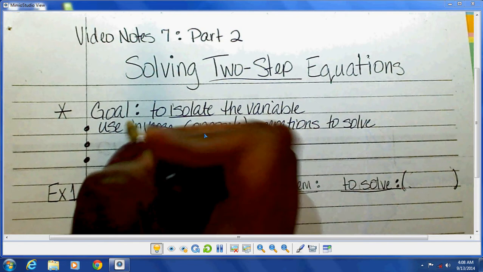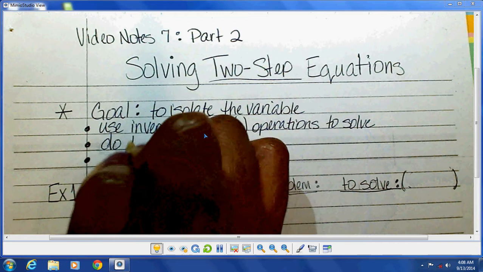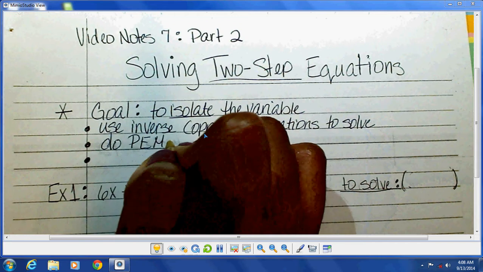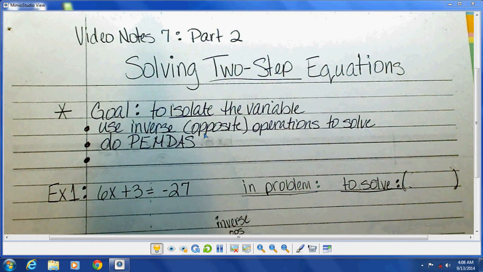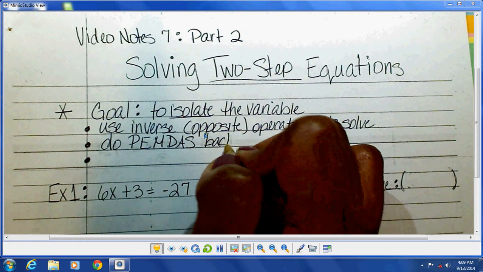We're also going to end up basically doing PEMDAS. So remember, please excuse my dear Aunt Sally, which is your order of operations. We're going to do that backwards.